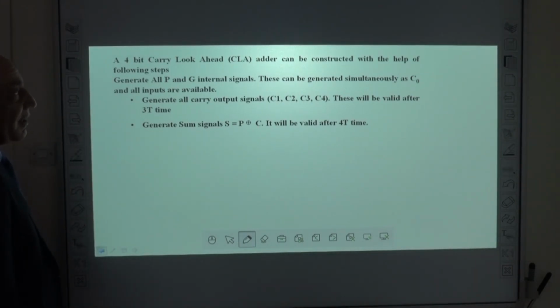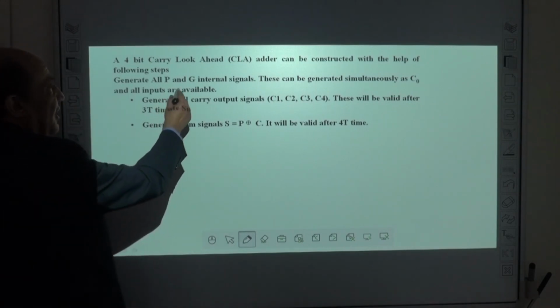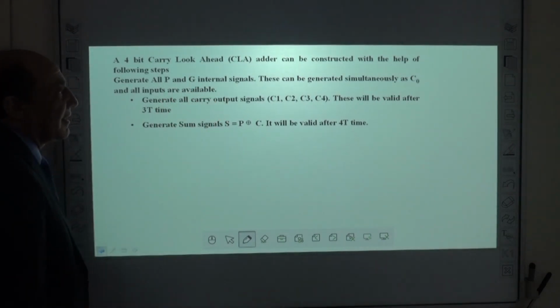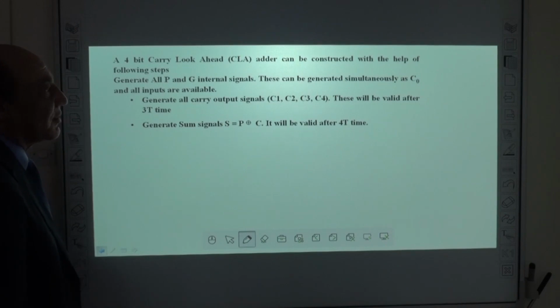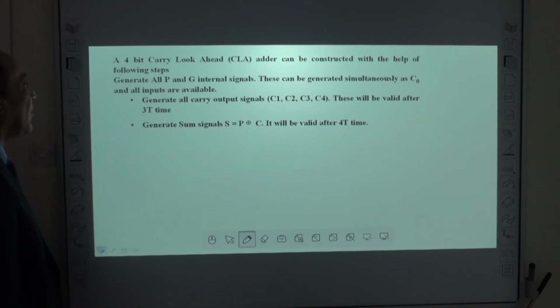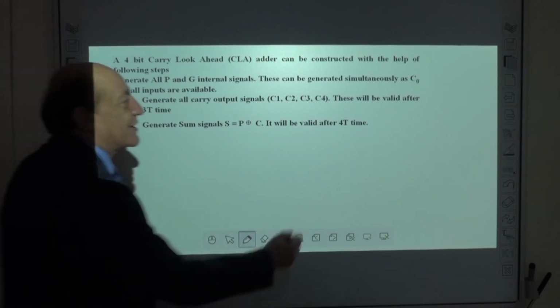A 4-bit carry look ahead adder can be constructed with the help of the following steps. Generate all Pi and Gi internal signals. These can be generated simultaneously as C0 and all inputs are available. Just C0.